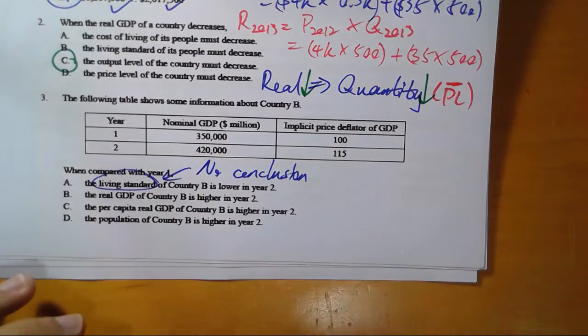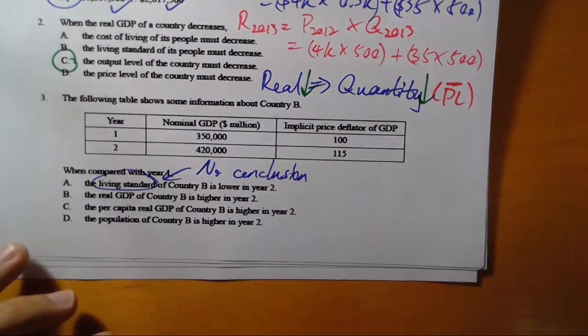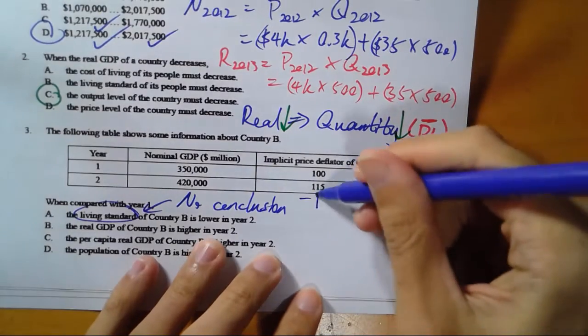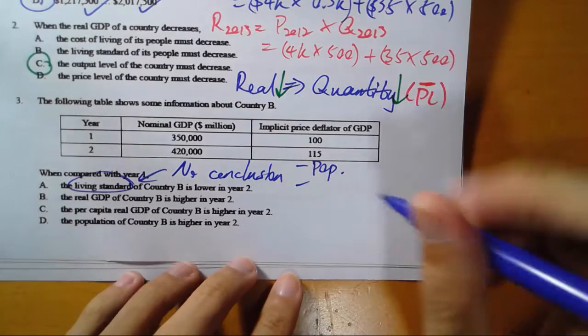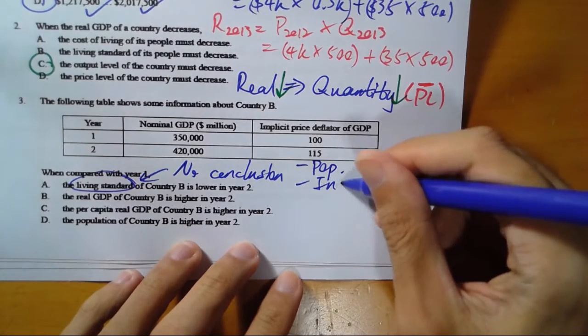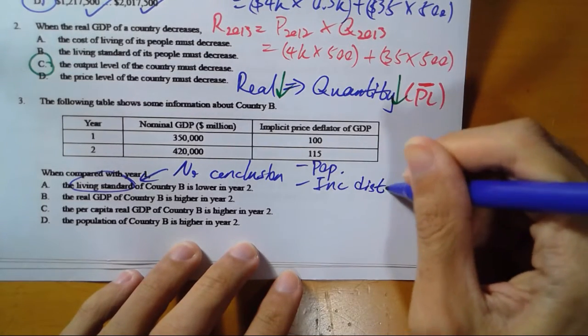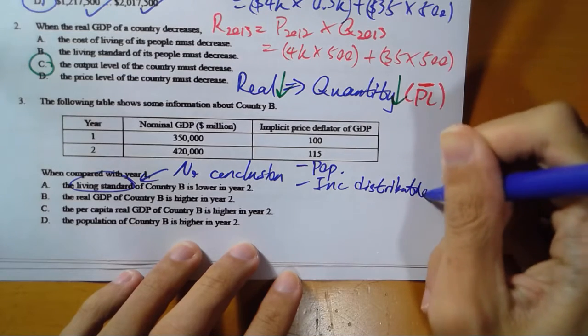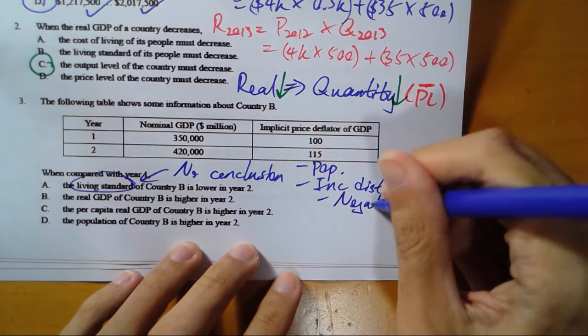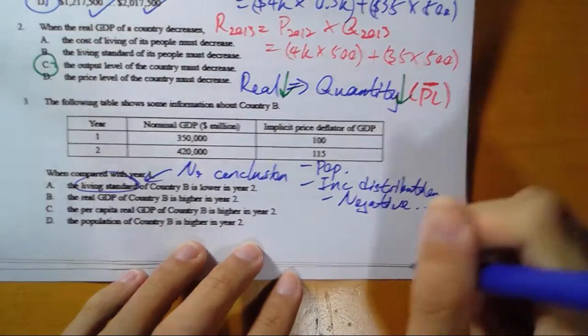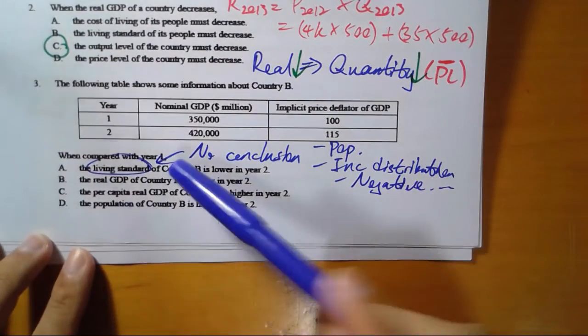We have no conclusion for many reasons. For example, we do not know the population. We do not know about income distribution. We do not know about, let's say, the negative effects of production, etc. No conclusion. Now, what about B?